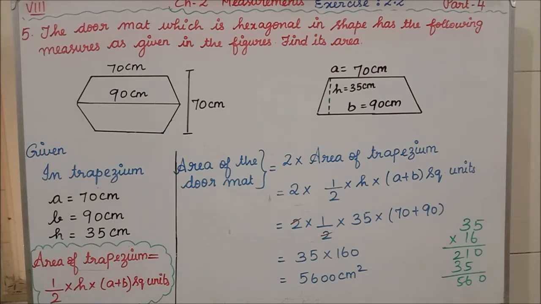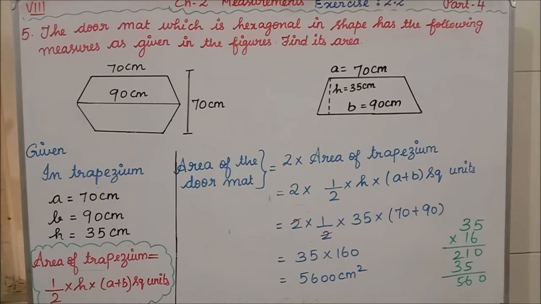You have written in your classwork also, the tabular column, isn't it? What is area of trapezium? 1 by 2 into height into A plus B square units. Clear students? One more time tell me. 1 by 2 into height into A plus B square units. We have values for all of these: H value, and A as well as B values we have.